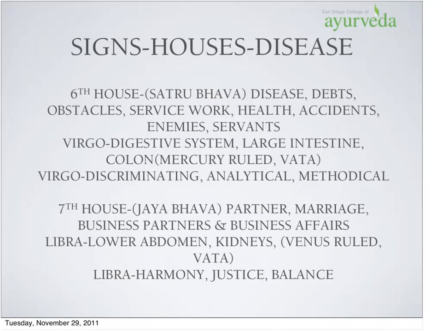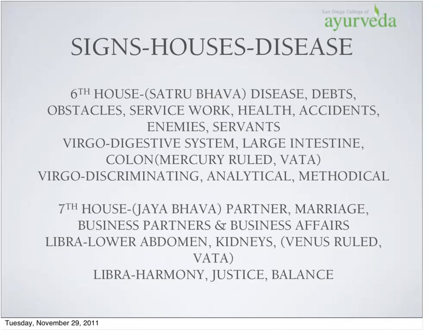The seventh house is Jaya Bhava, your partner in life, or it also rules over business partners in general, your business affairs, your marriage. The 7th house is related to the sign of Libra.